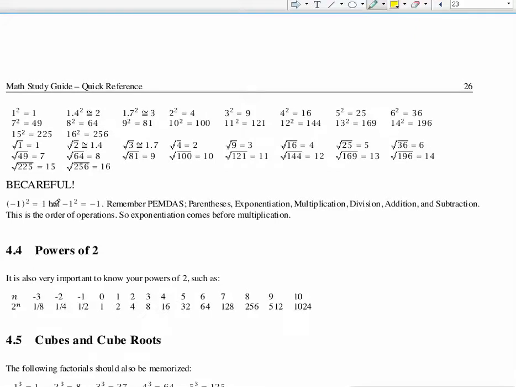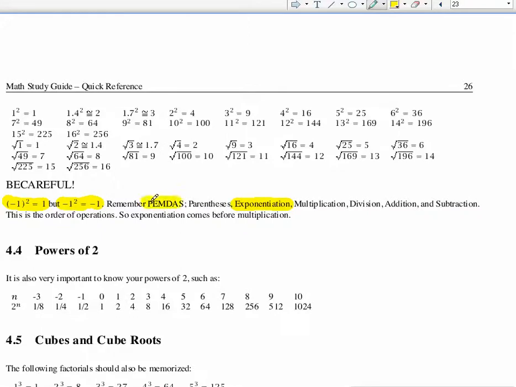If you have -1 squared, if there are no brackets, then that is actually equal to -1. If there are brackets, then that's equal to +1. If the -1 is inside the brackets, then it tells you to take -1 times -1, and as we know, 2 negatives make a positive. If the minus sign is outside the brackets, then that's telling you to do the exponentiation first, so 1 times 1, and only then apply the minus sign.